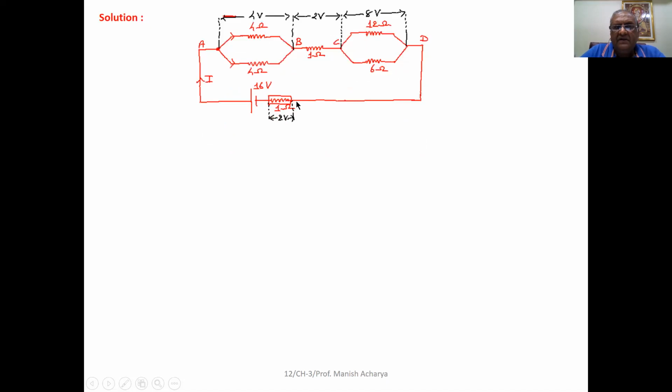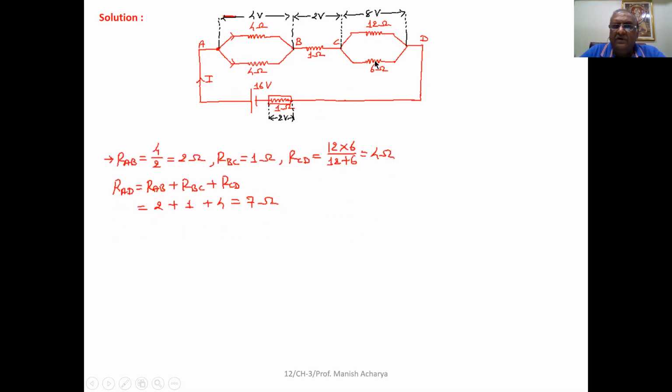See, here, first we can say this thing. These 4 ohm resistors between A and B are connected in parallel. Similarly, 12 ohm and 6 ohm between C and D are also connected in parallel.